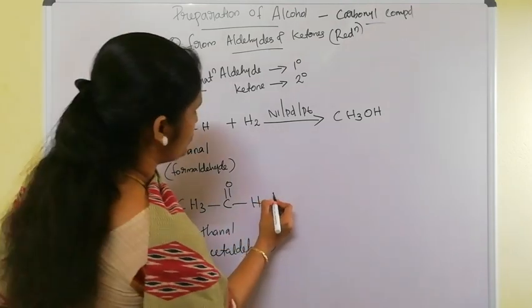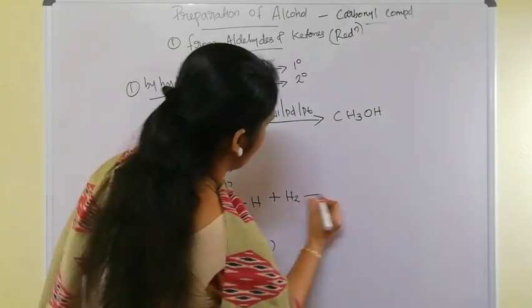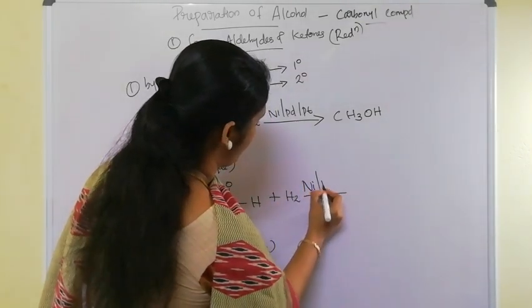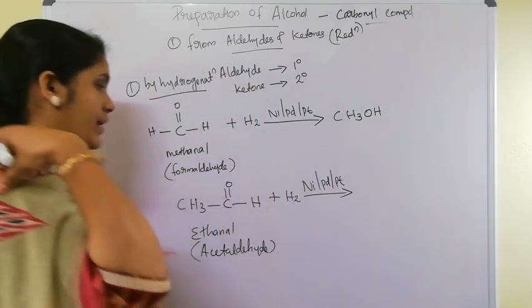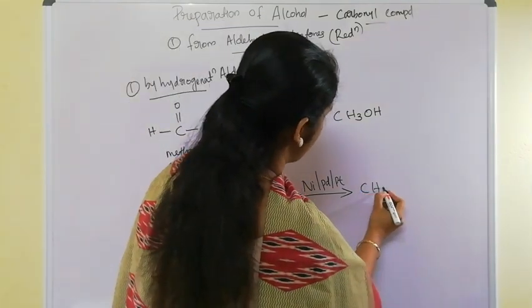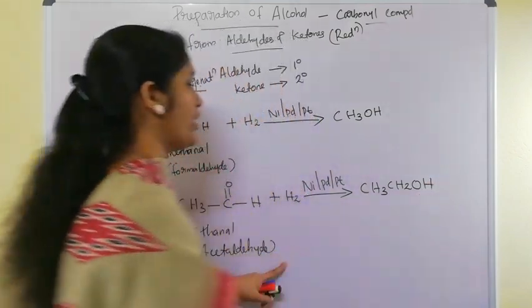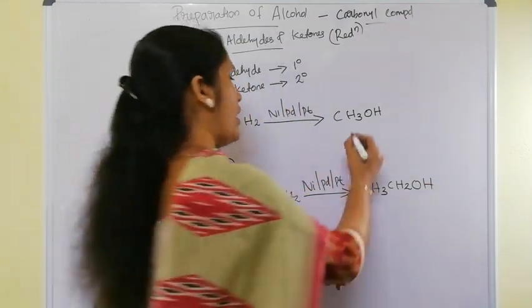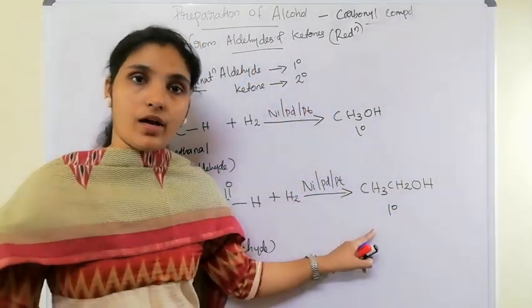So let's do the hydrogenation of acetaldehyde, adding hydrogen in presence of nickel, palladium, platinum. Then here also we will get the alcohol CH3CH2OH. The corresponding alcohol will be obtained. This is a primary alcohol and the earlier one is also a primary alcohol.